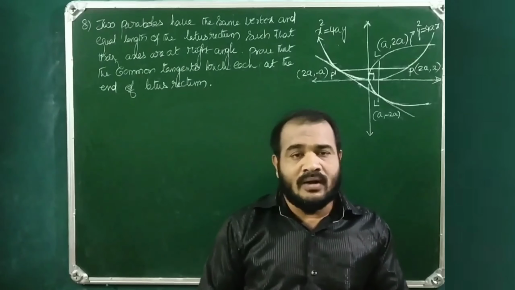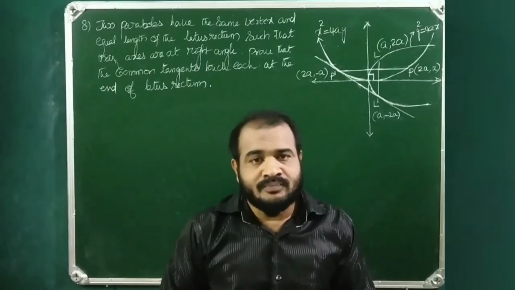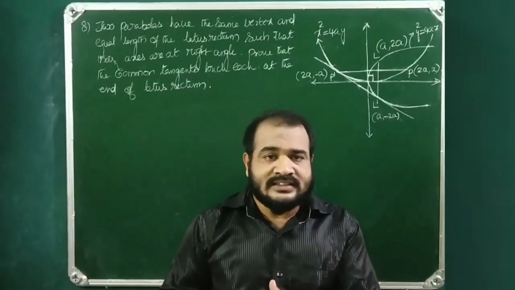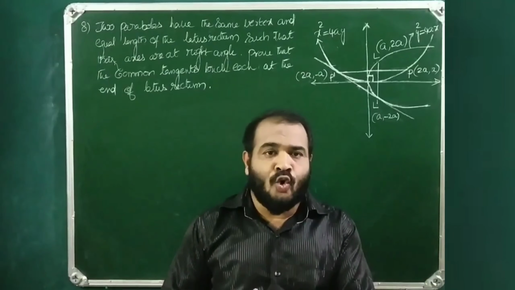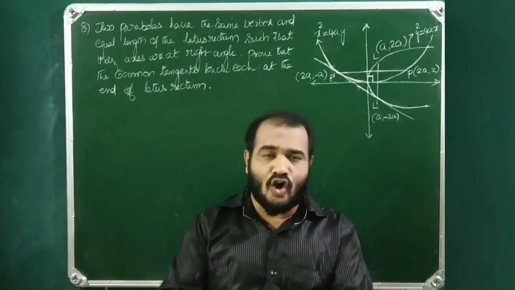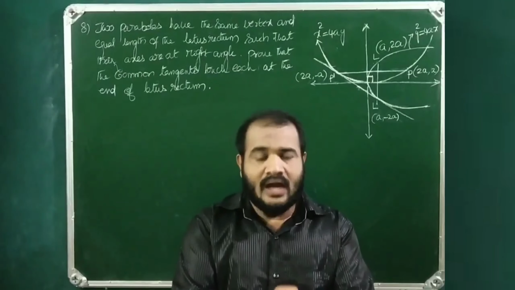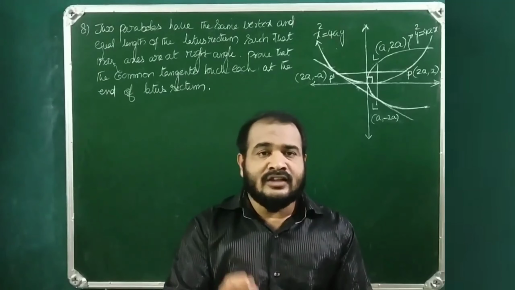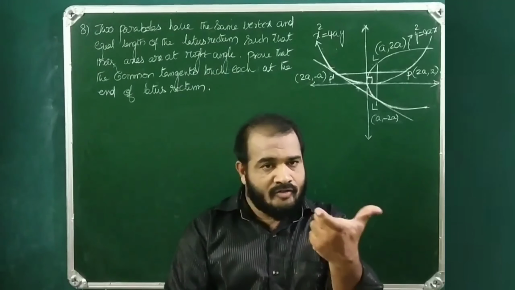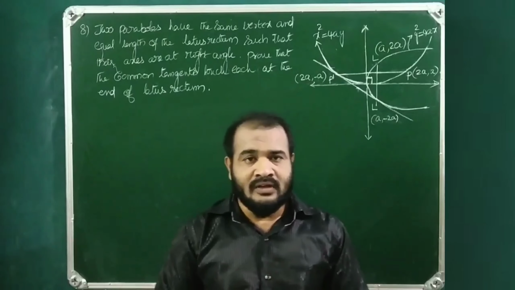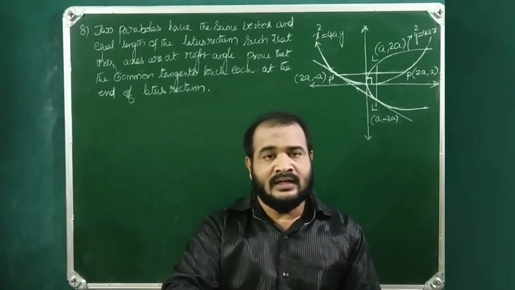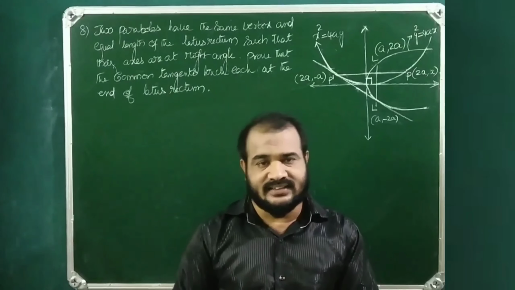So what is common in both these parabolas? These parabolas are standard forms of the parabolas whose vertex is at the origin. And for both of these parabolas, the length of the latus rectum is 4a and 4a. Same. And for y square equals to 4ax, the principal axis is x-axis.